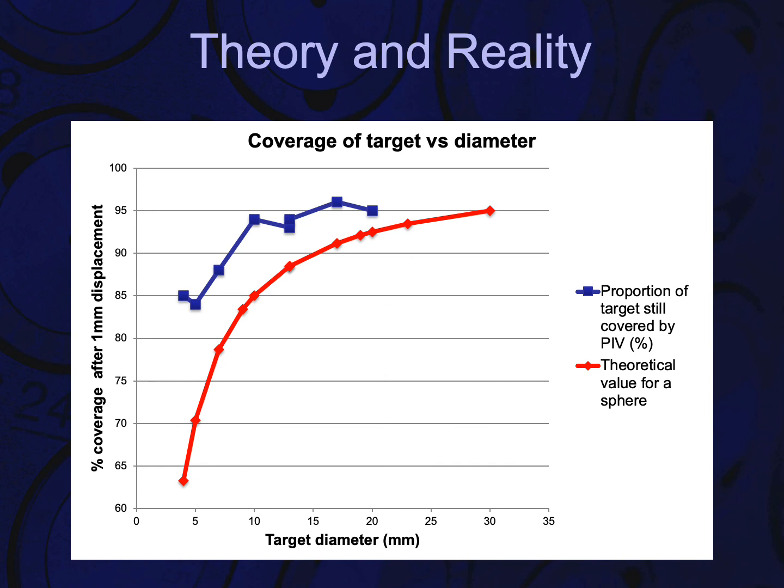And the reason for that difference is because the plans aren't perfect. We have a certain amount of dose spillage outside the target, and that actually reduces the loss in target coverage that we might otherwise have. But you can see it's still quite serious if you're treating a very small diameter target.